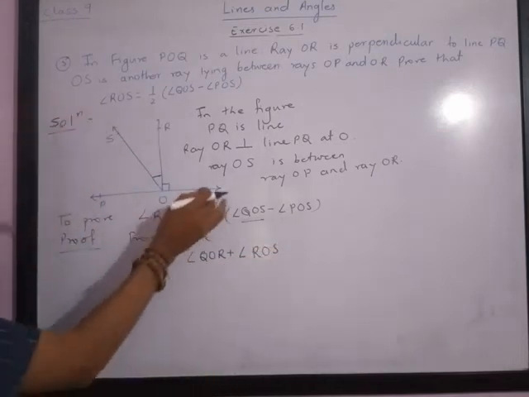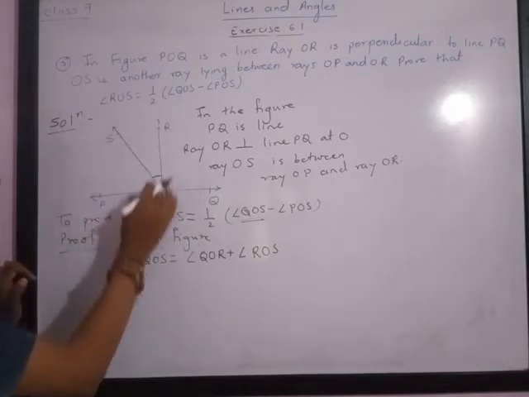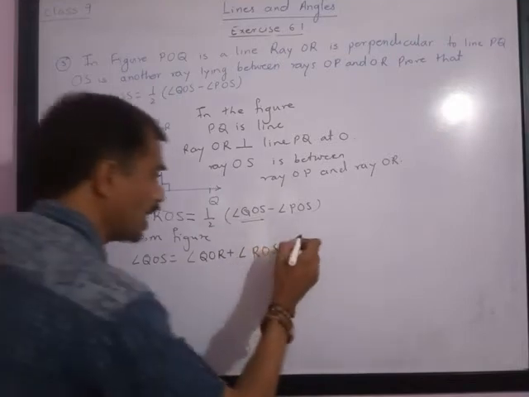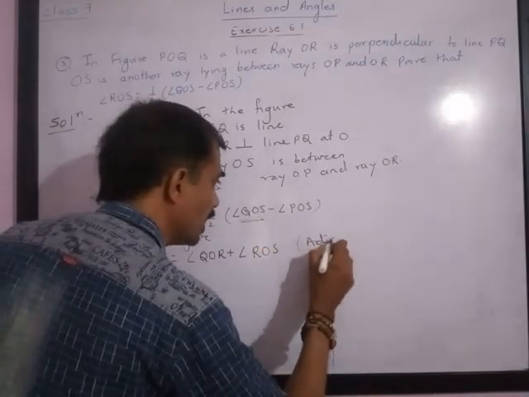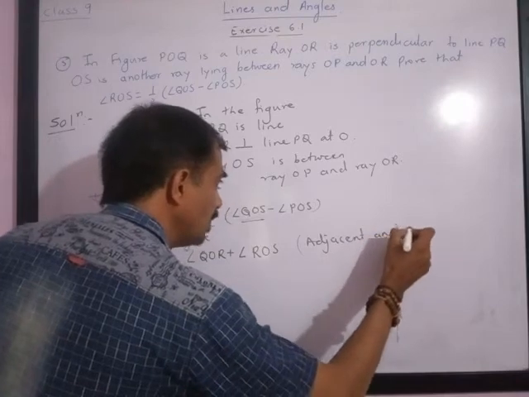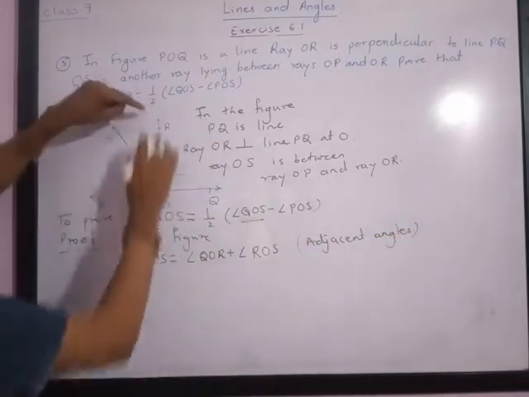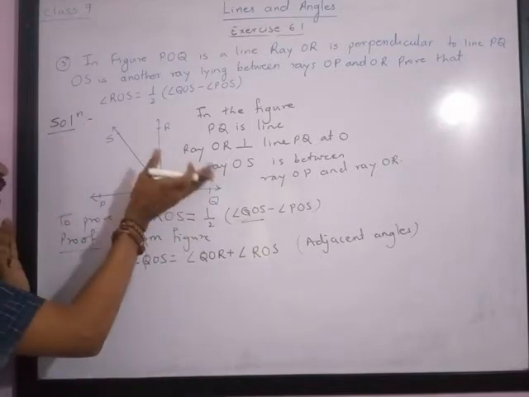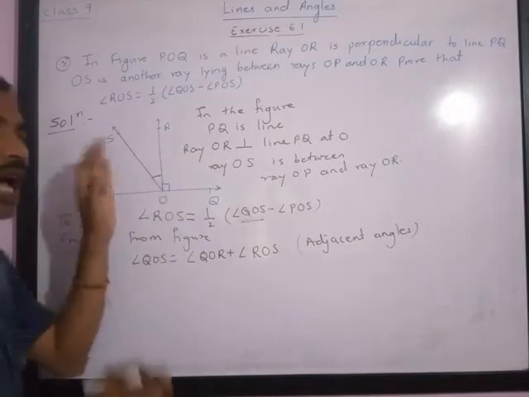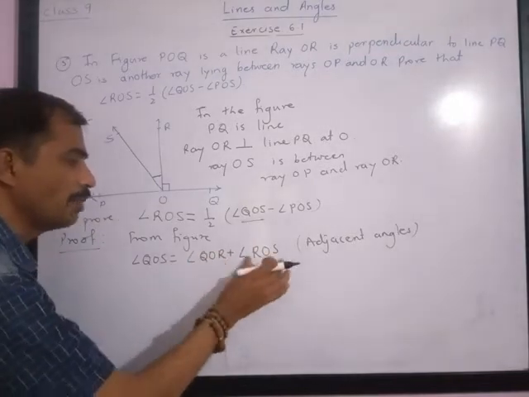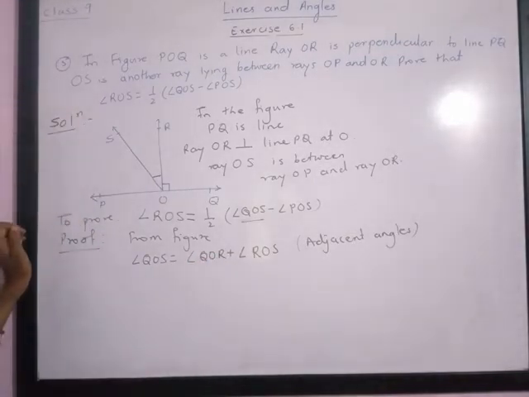Observe this: QOR plus ROS is equal to QOS because they are adjacent angles, so they can be added and subtracted. Adjacent angles have one common ray, and the non-common arms are on either side of the common ray. So these angles are adjacent angles, so they can be added and we will get angle QOS.